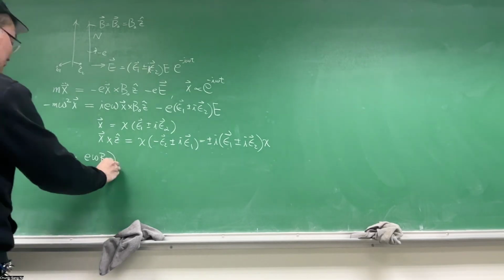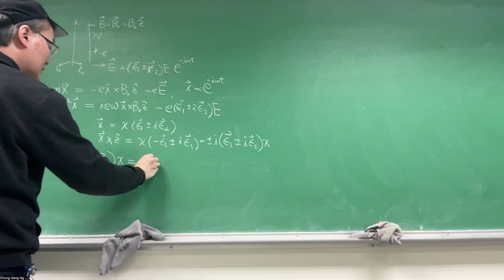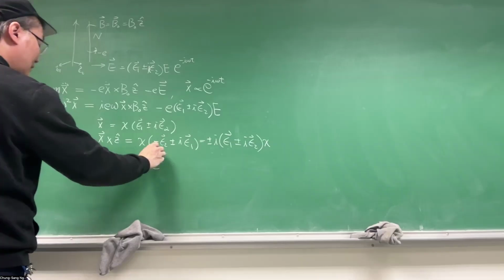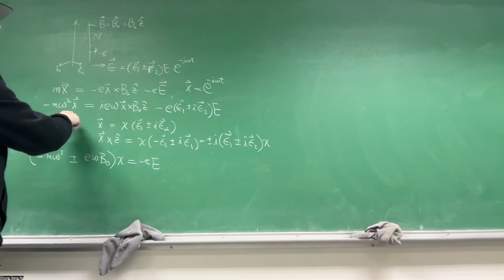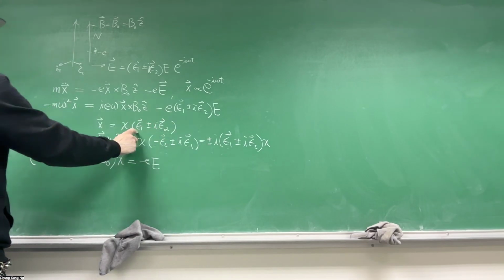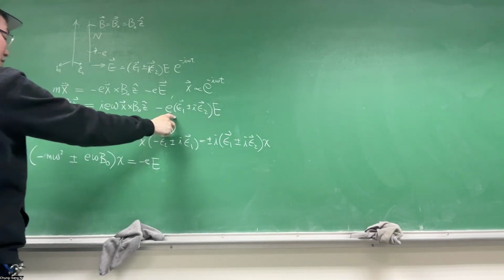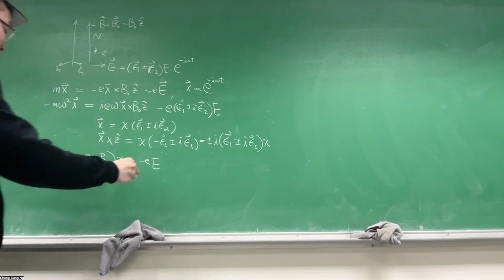That's right. And then this x equals minus e times E. And you cancel all the vector dependency. This one has a vector dependency, this one has a vector dependency, and they cancel. Only this is left. Now you can solve for x.